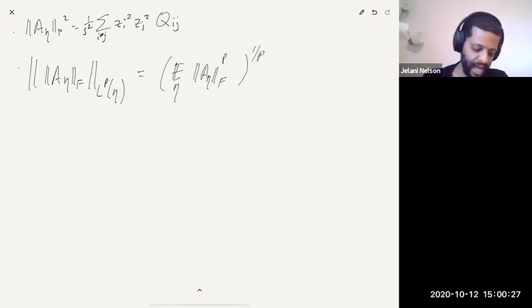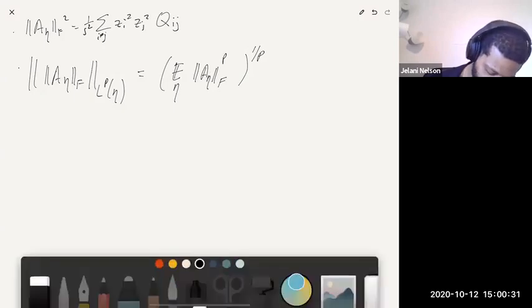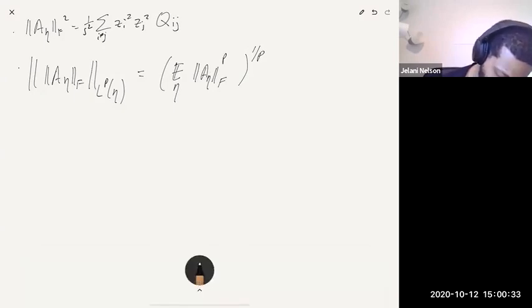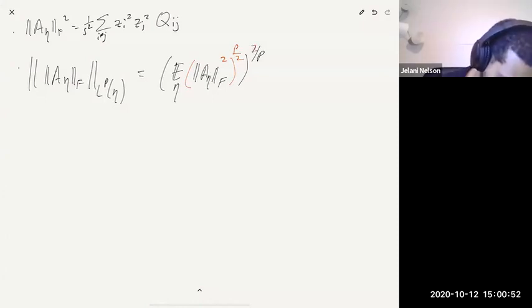I'm just going to view that as the square raised to the p over 2th power, right? That's the same thing. And then raised on the outside to the 2 over p, to the 1/2.